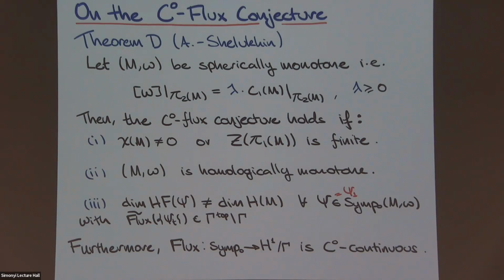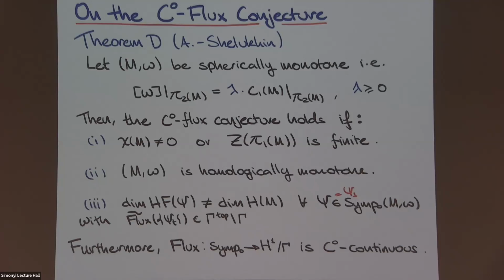It's not just that it helps with the technicalities, because at the end of the day, we want to compare ranks of Morse homology and Morse-Novikov homology. To do that, we're using Floer-Novikov theory. And Floer-Novikov theory behaves well in the spherically monotone setting.